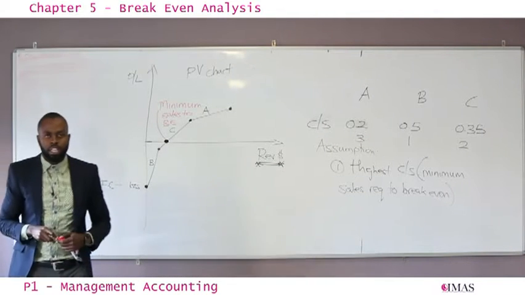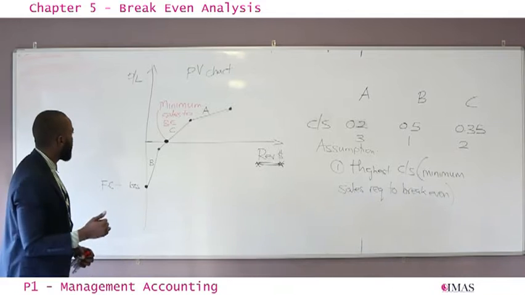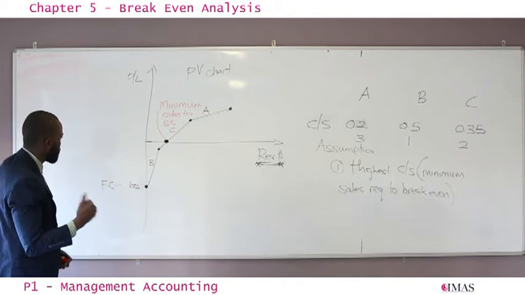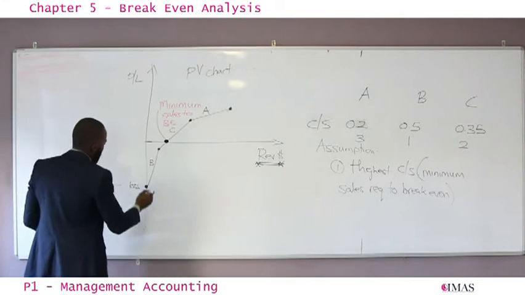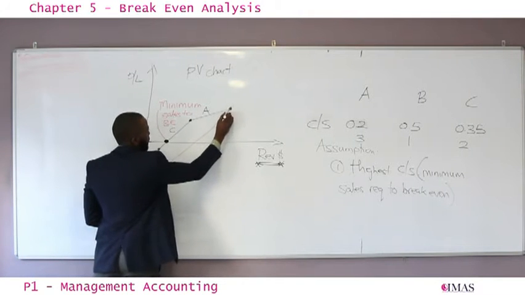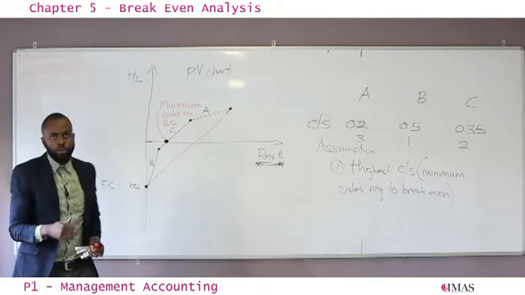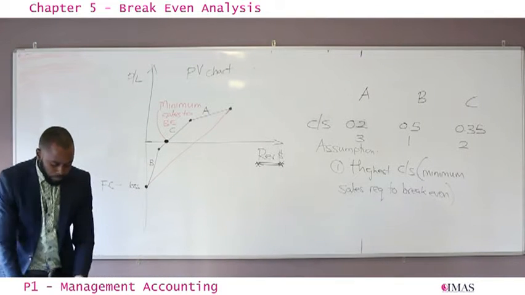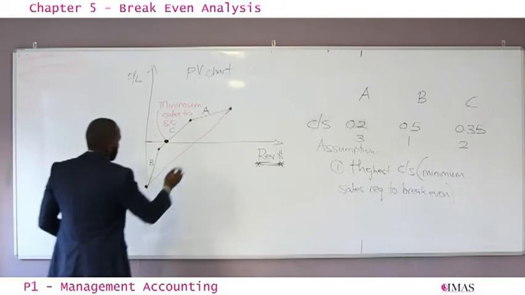It is the minimum sales required to break even. Then if we join our starting point and our finishing point, what we get there is another break-even point.